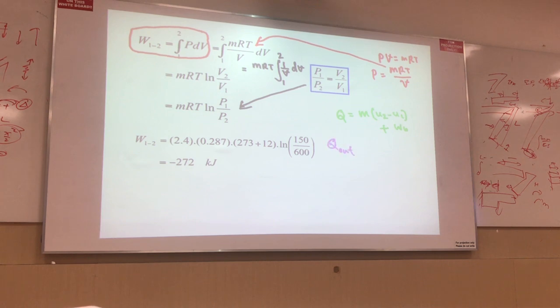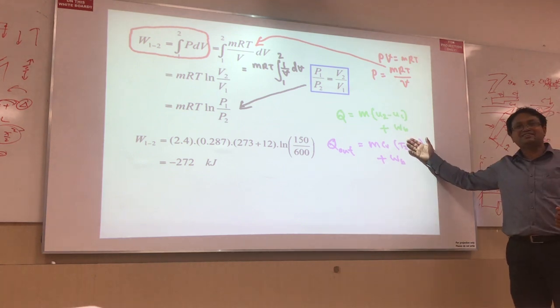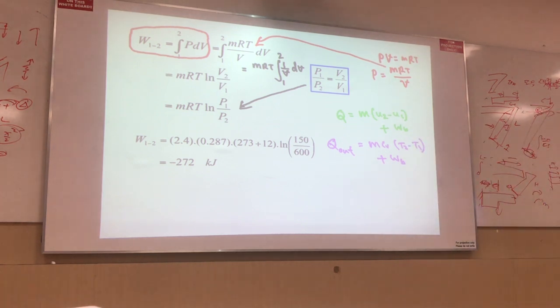Q out becomes, this is negative, right, m Cv times T2 minus T1 plus WB. T2 and T1 are the same, right? It cancels. So this one is 0. So Q out becomes WB. So what is the WB? 272 kilojoule.